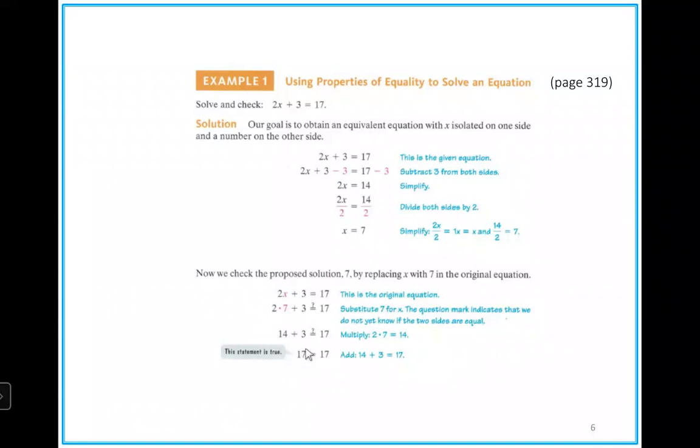Because this is true, it means our answer is correct. So whenever you solve an equation, you could always check your answer by substituting the answer you get into the equation. And once you get the two sides to be equal, then you know that your answer should be correct.